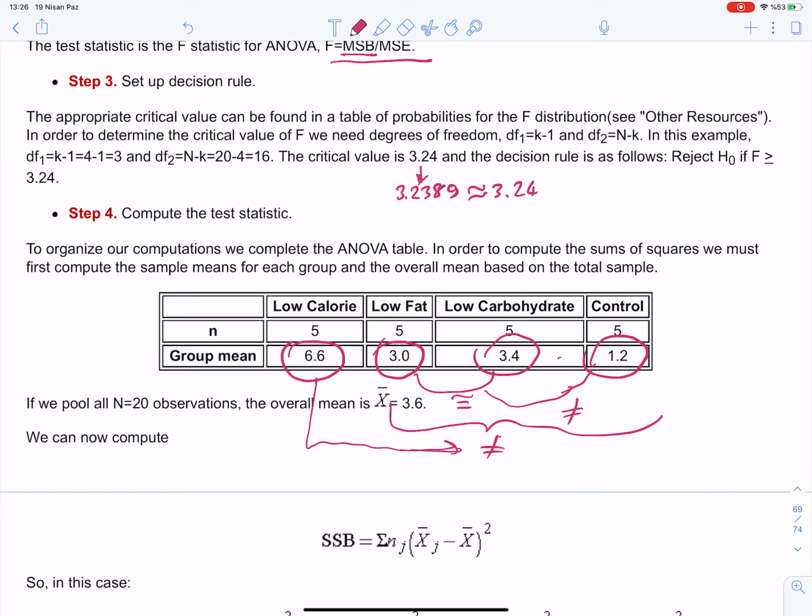This is my opinion, but we are not really sure. We need to get the F statistic first and check whether the F statistic is greater than 3.24 to conclude that information.